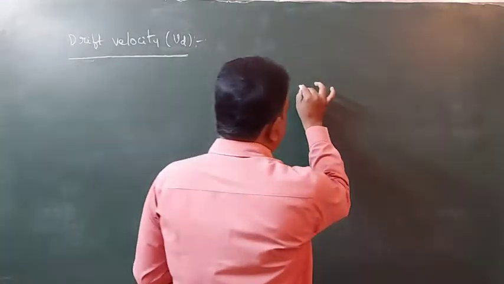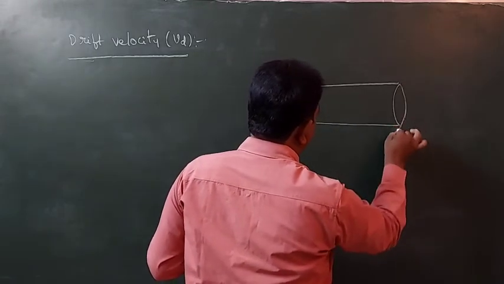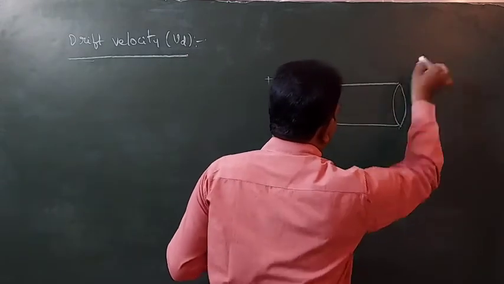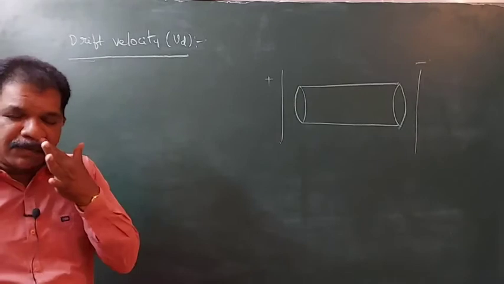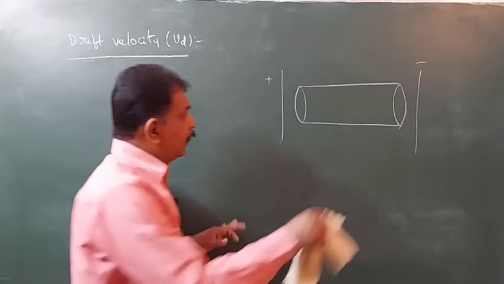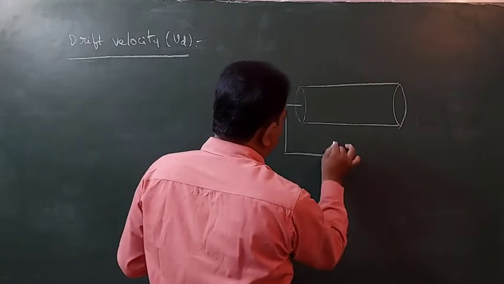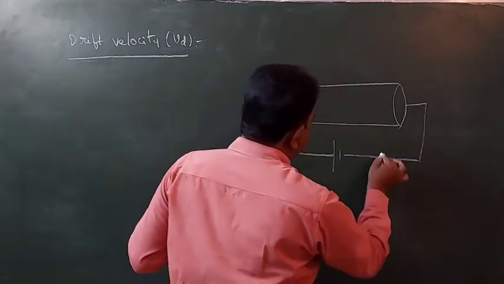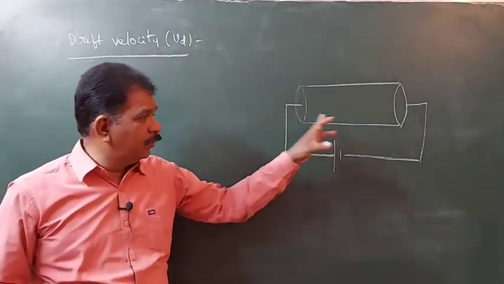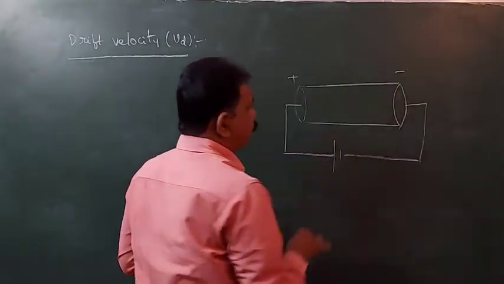For example, it is a conductor, one metal wire. We created electric field across the ends of the conductor by connecting it to a battery or otherwise. This end is connected to the positive terminal, this end to the negative terminal. So we created potential difference across the conductor.